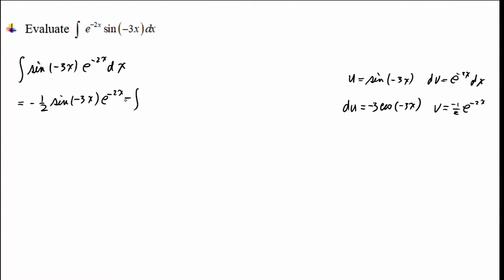So I have a minus sign here, minus sign here, minus sign here. So it's negative. I'm going to consolidate all of the constants and put 3/2 here. And cosine of negative 3x, and then e to the negative 2x dx. How are we doing? Are we good? Okay. Now, round 2, right? We have to go to round 2.